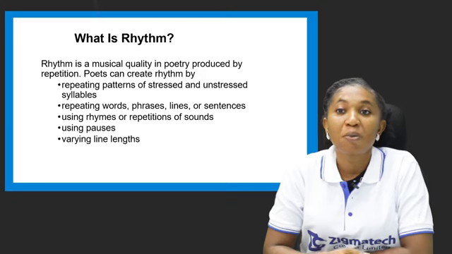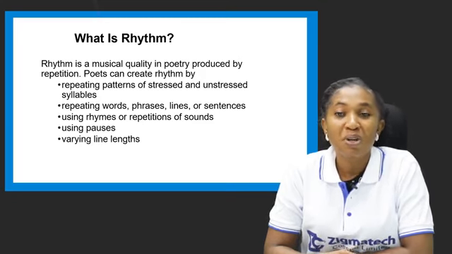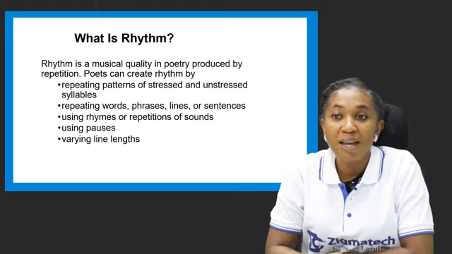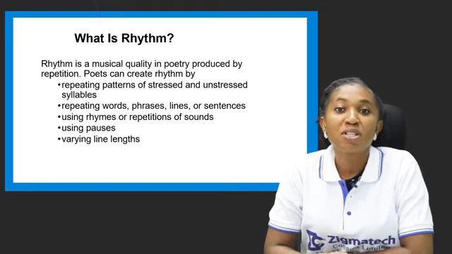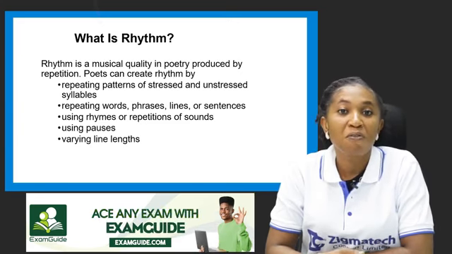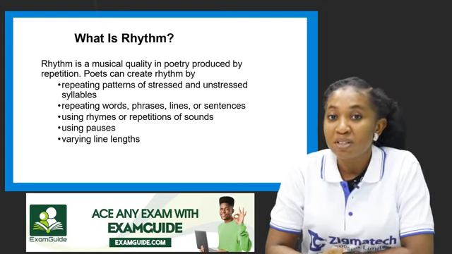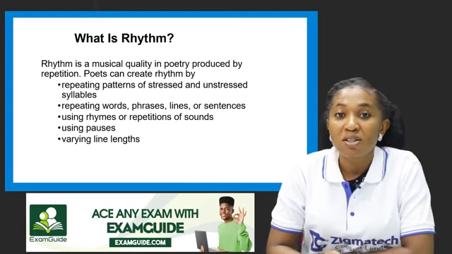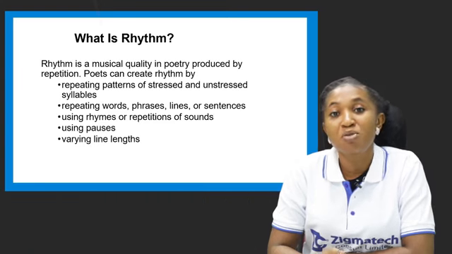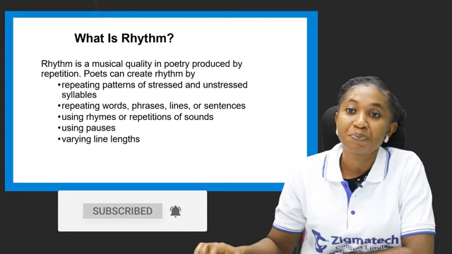This repetition can come in form of stressed and unstressed syllables, repeating words, phrases, lines, or sentences, using rhymes, repetition of sounds, pauses, or varying the length of lines in a poem. When a poet does all of this, he uses this to create rhythm in the lines of his poetry.